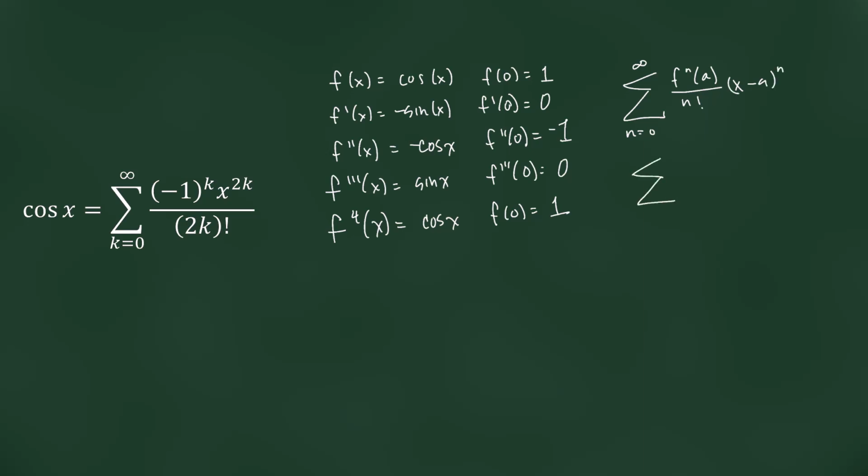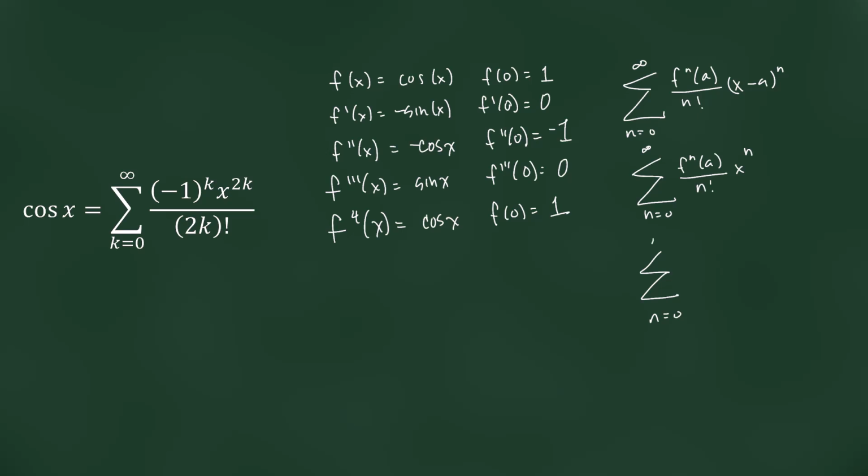But our a is 0. So we're going to have this f to the n of a over n factorial times x to the n. But because we need every other term to drop out, in other words, we need to keep the even terms and drop out the odd terms, we're going to change this up.